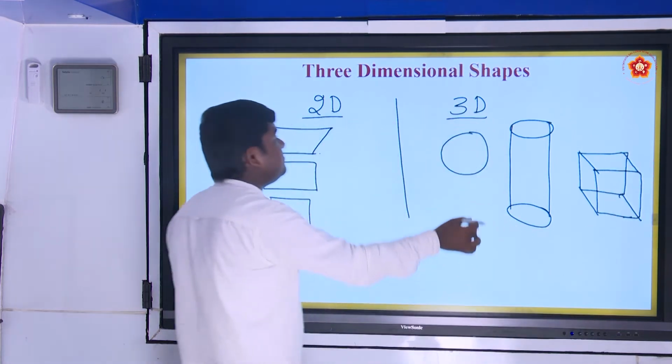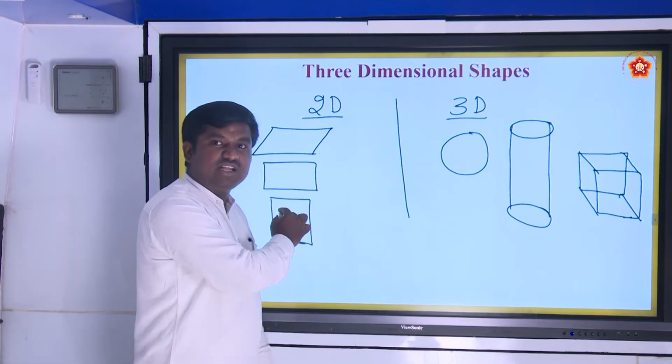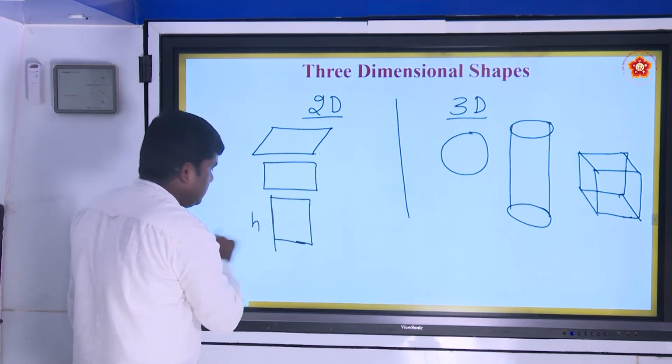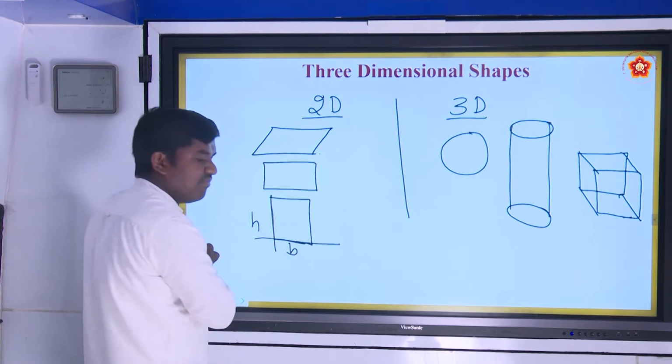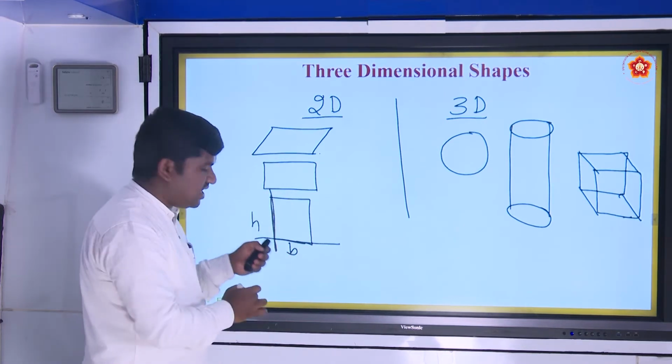Then what is the difference between two-dimensional and three-dimensional? See, in two-dimensional, suppose this is height, okay, and this is breadth, okay. You can measure this by height and breadth.